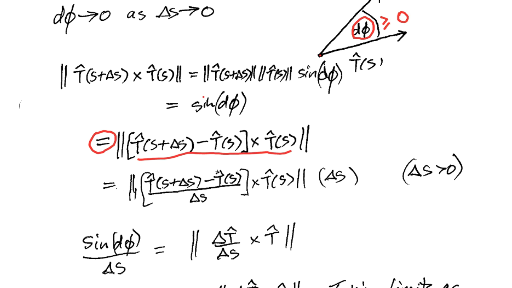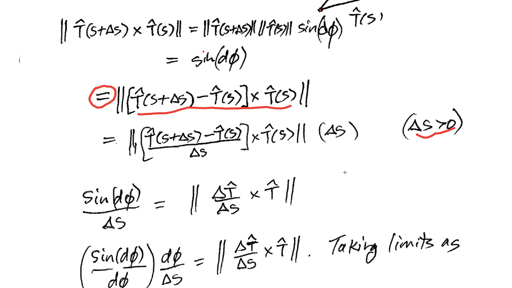Then I'm going to divide this quantity by delta s, and I'm going to put delta s outside the parentheses. Again, I'm assuming delta s is greater than 0, otherwise you need to put absolute values around delta s.